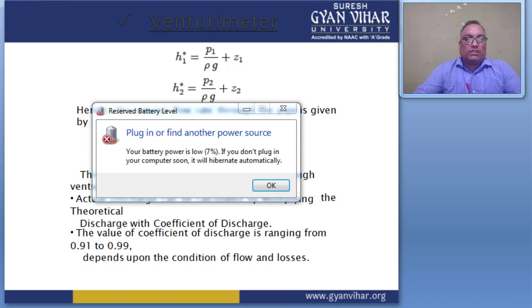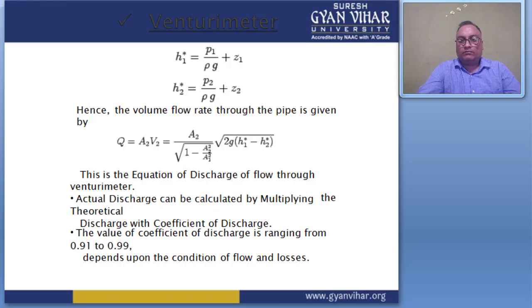So these concepts, and the inclined venturimeter also. I am sorry for this battery interruption. The horizontal venturimeter has the highest kinetic energy and the lowest potential energy.